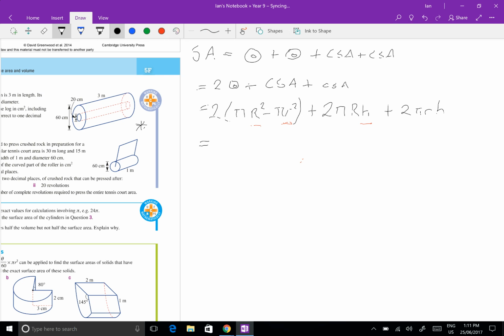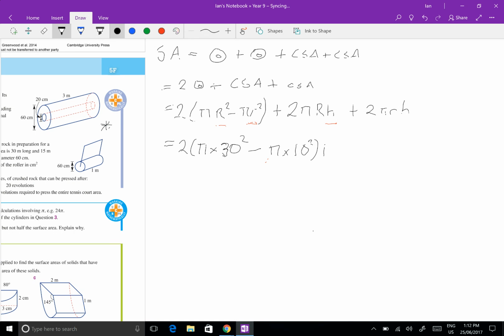So let's go along. First of all, 2 pi. Now what's the radius of the big one? Well, the diameter is 60, so it's times 30 squared. Minus pi times the little radius. Well, the diameter is 20, so it's 10 squared. Now, keeping with this, 2 pi times the big radius, 30, times the height.